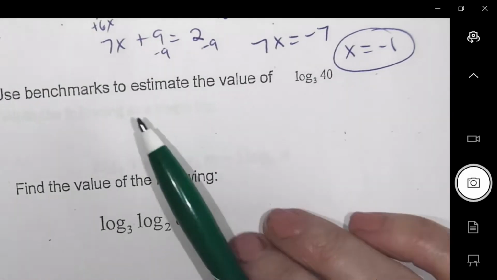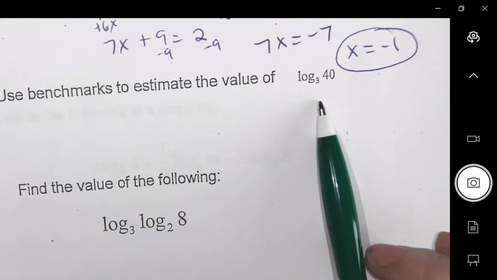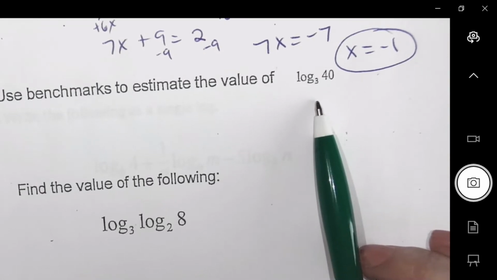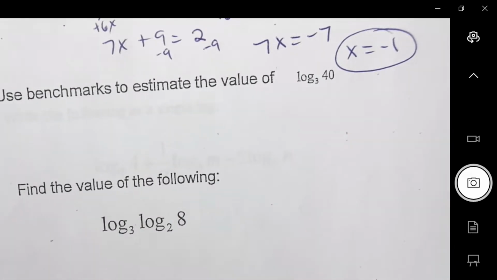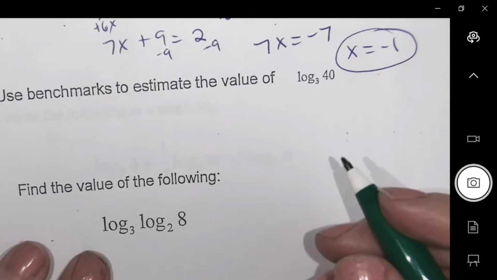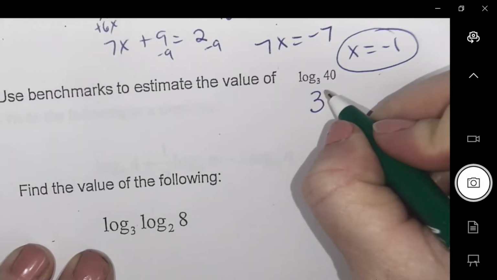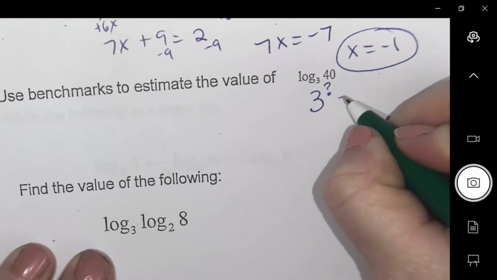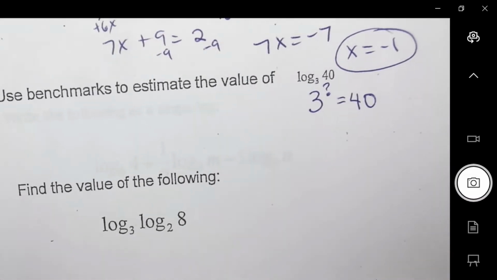Okay, use benchmarks to estimate this value. So we're just estimating. Benchmarks are things you know. So use things you know to estimate this. Here's what my brain is thinking. 3 to an exponent has to give me 40, right?